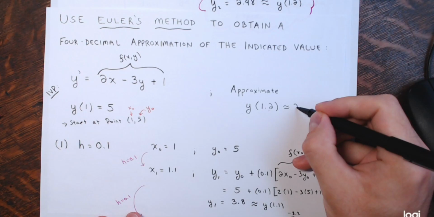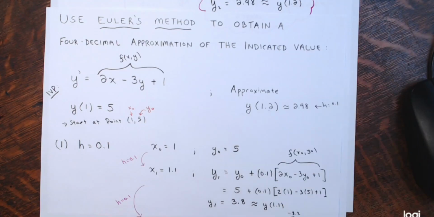Again, this was with h equal to 0.1. And what you'll find is that the finer you make your steps, the smaller you make this value of h, the better the approximation should get to the actual value. And we'll get to what the actual value of y at 1.2 is in a minute.